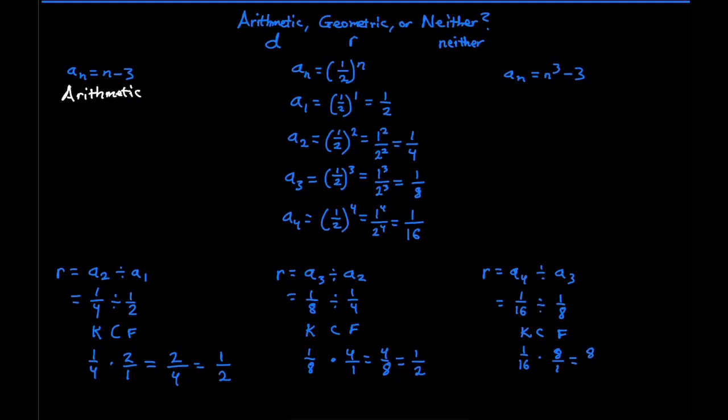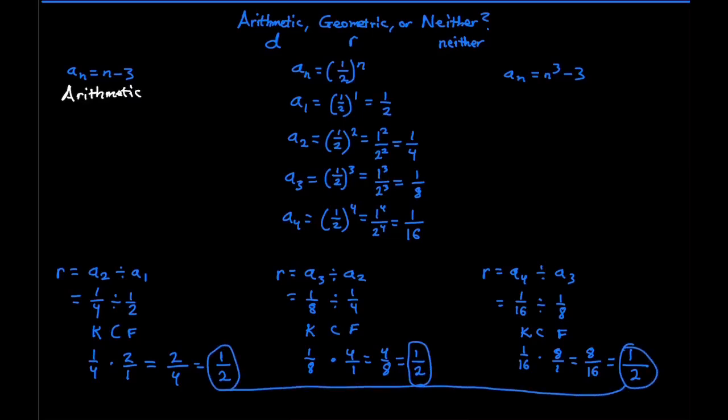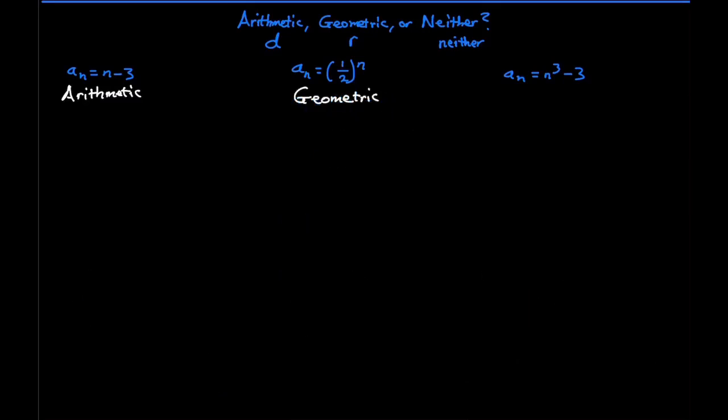The numerators multiply, turn into 8. The denominator will be 16. This is also 1/2. Both of these can be divided by 8. 8 divided by 8 is 1. 16 divided by 8 is 2. We have the exact same r. So it was the exact same r all 3 times. This is the case where we have a common ratio. So this one is geometric.